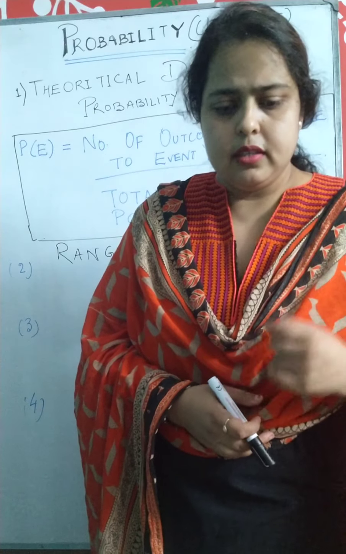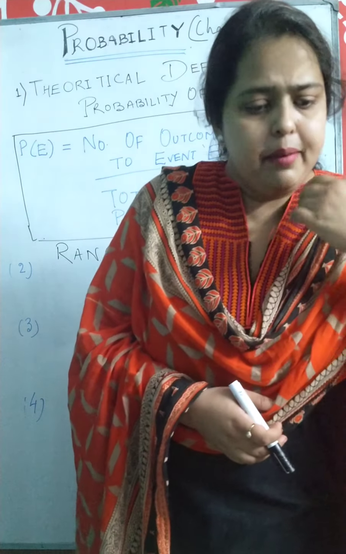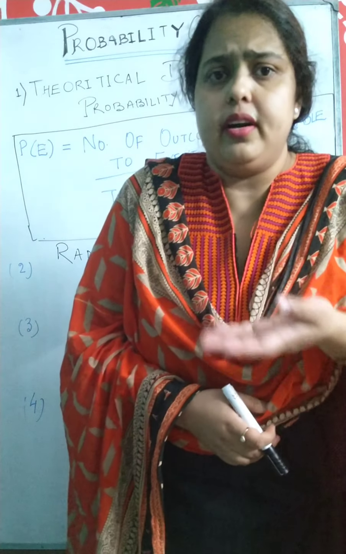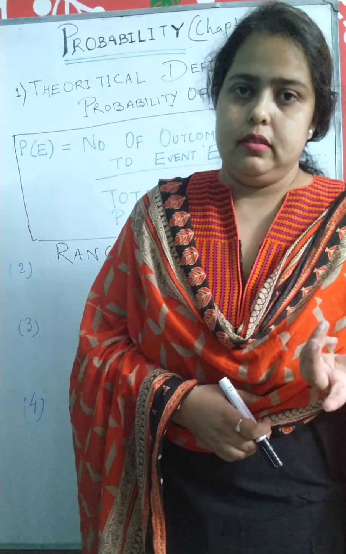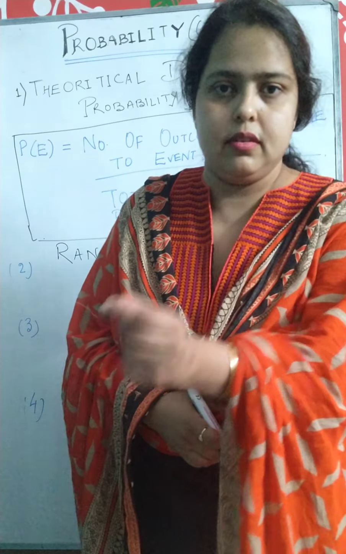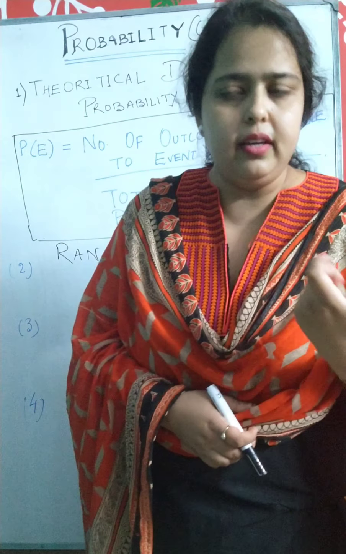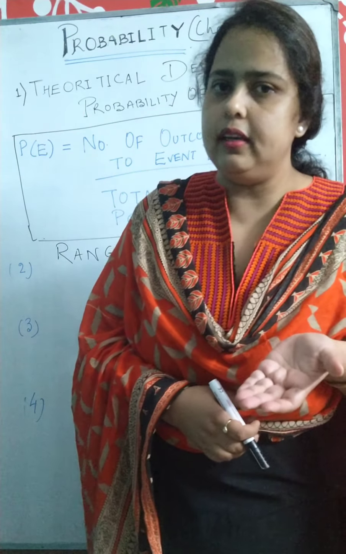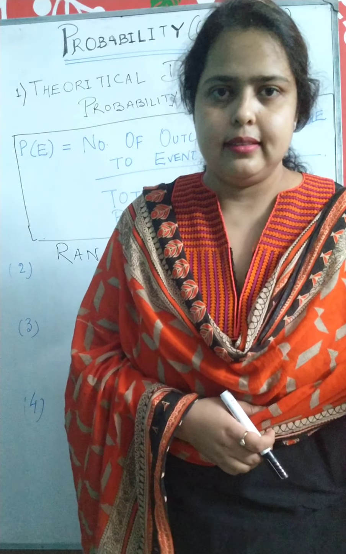Fine. But when I'm going to toss a coin, I know; I'm going to roll a dice, I know; I'm going to pick a card, I know. But I know what can happen. I know these are the options. These are the outcomes. For tossing a coin, I'm going to get either a head or a tail. For rolling a dice, I'm going to get 1, 2, 3, 4, 5 or 6.